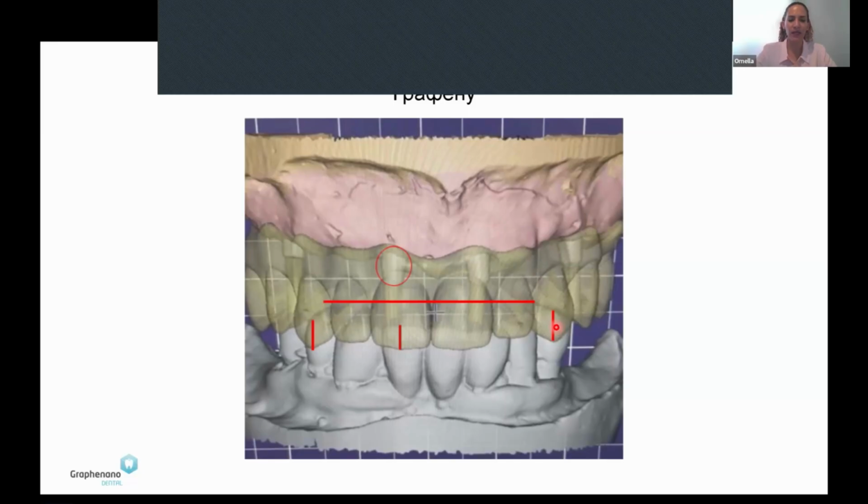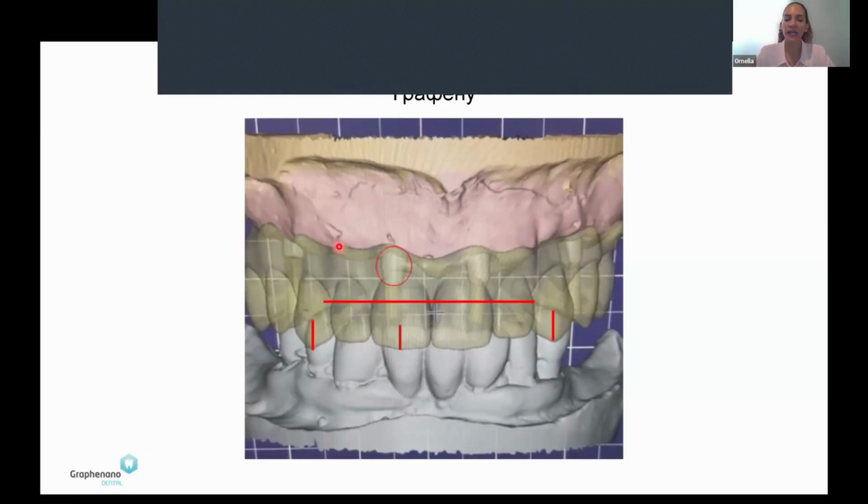But here, what really happened to this customer was that you can see the height of the G-CAM and the height of the T-base. The T-bases are very short if we compare with the vertical dimension that we have of the G-CAM.